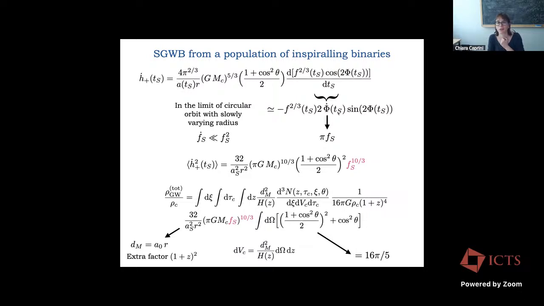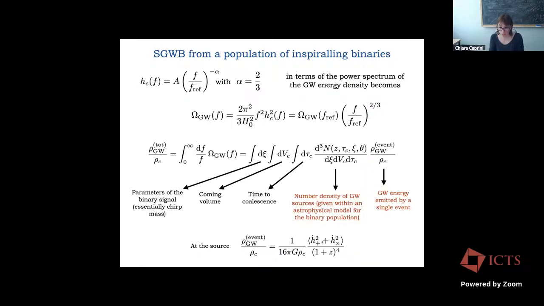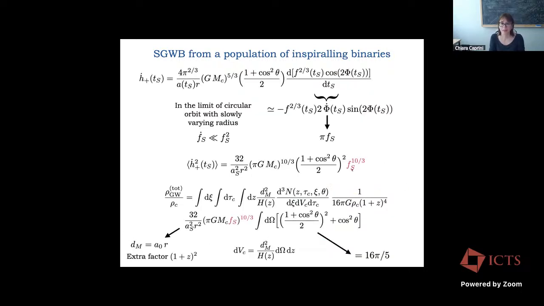The time derivative of the phase is just the frequency itself. Therefore, in the end, there is a factor of f_s, the frequency at the source, to the 5/3. And when I square it, because the energy density wants this factor squared, I get this expression that depends on the frequency at the source to the 10/3.